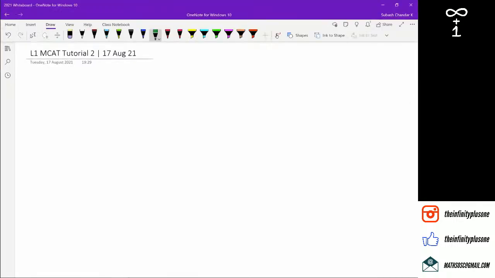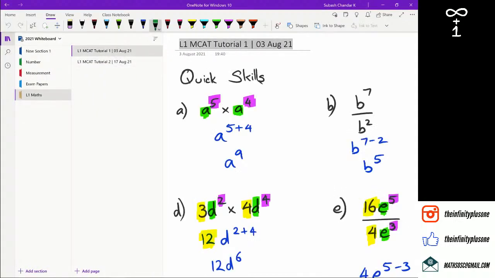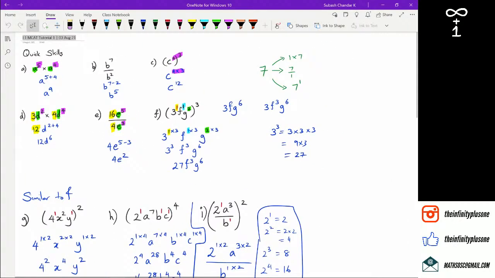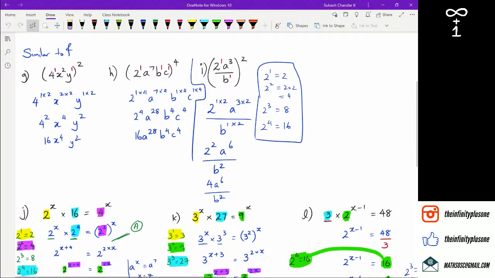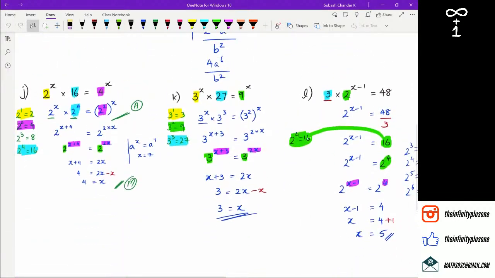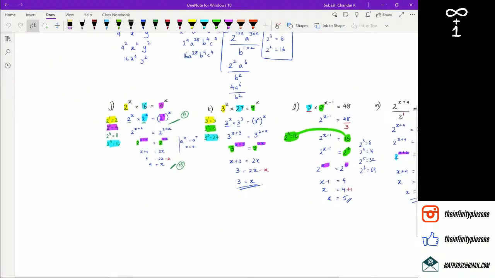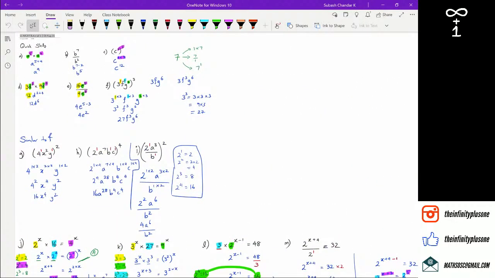In our first session, two weeks ago, we covered a whole lot of exponent skills, and we did some merit level questions, just messing around with it. That's all we've done so far, so you can always go back and have a look at that tutorial.